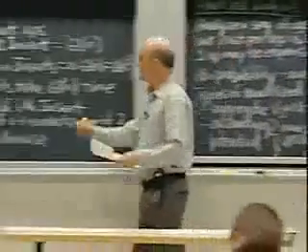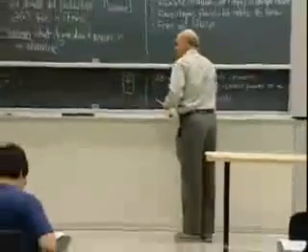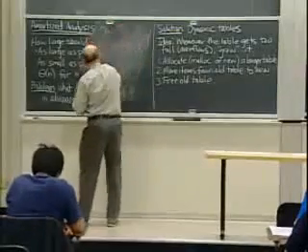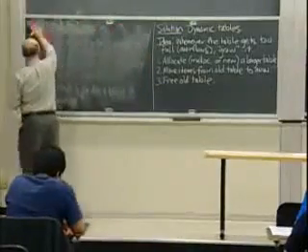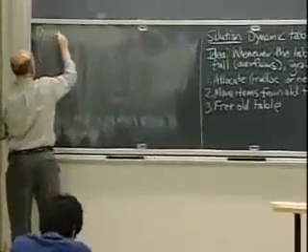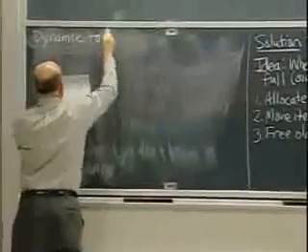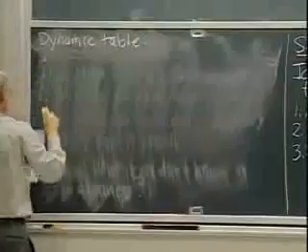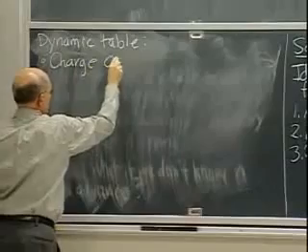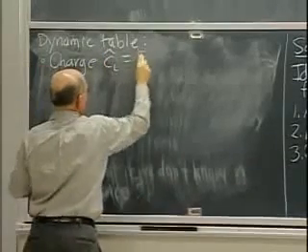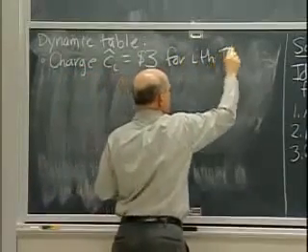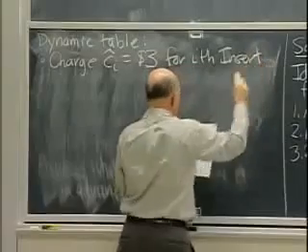Okay. So, back to the dynamic table. Okay? So what we're going to do in this case is charge an amortized cost of $3 for the ith insert, for all i.